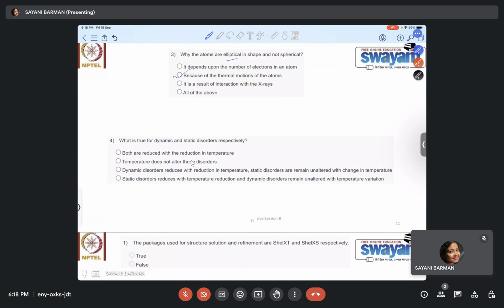Now, dynamic disorder can be reduced with a reduction in temperature, because if you increase the temperature, we all know the atoms start vibrating more, so the thermal motion will be more. Then the dynamic disorder also increases. So to reduce the dynamic disorder, we reduce the temperature, but static disorder remains unaltered with change in temperature. Okay, so this will be the option.